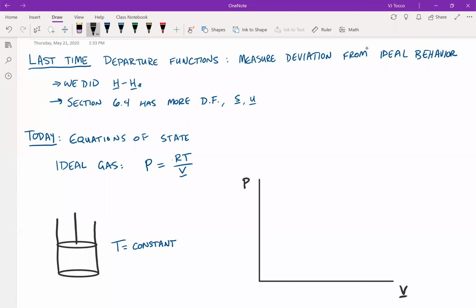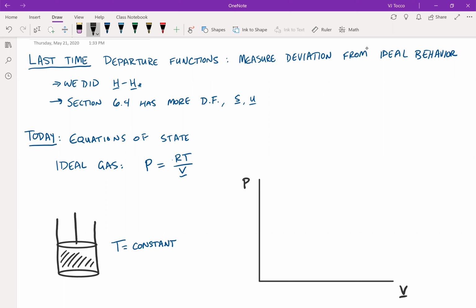So I want to try to imagine the observations that would lead to the derivation of the ideal gas law. Let's say we have our classic gas in a piston cylinder device, and we are going to keep the temperature constant in this experiment. So we've got some gas inside here, and we are going to measure the effect of pressure on changing volume.